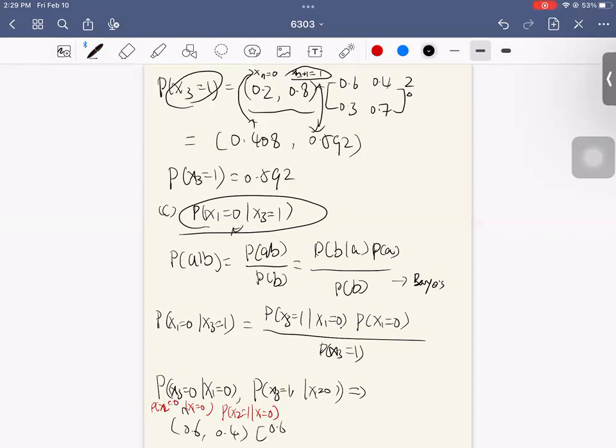Then we use the same equation and the same numbers, and we get these two numbers.